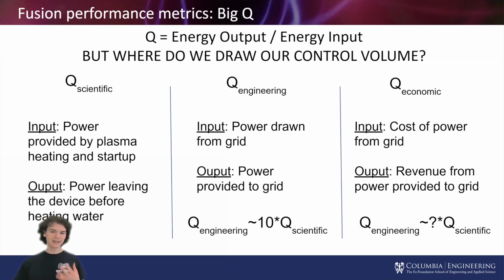But we really need this economic Q to be high. First of all, we need it above 1, so we actually are making money, if we want our devices to be economic and for people to invest in them. For scientific and engineering, these are simply for economic reasons, to have Q economic greater than 1.